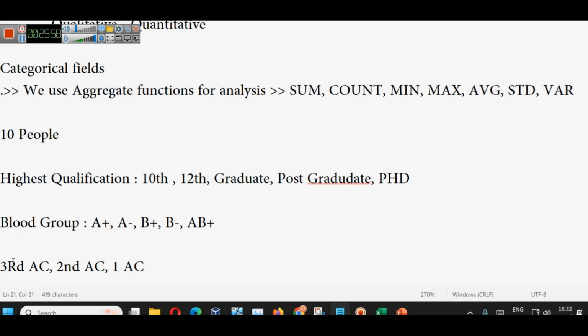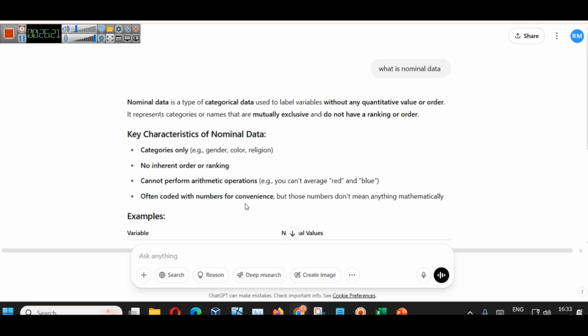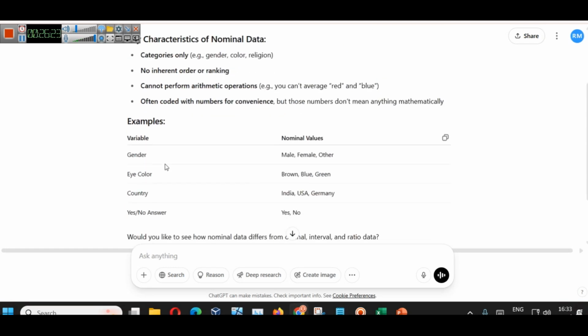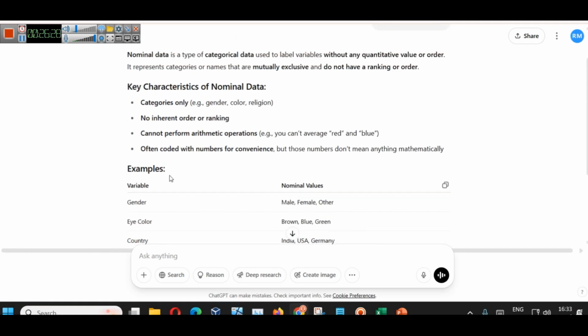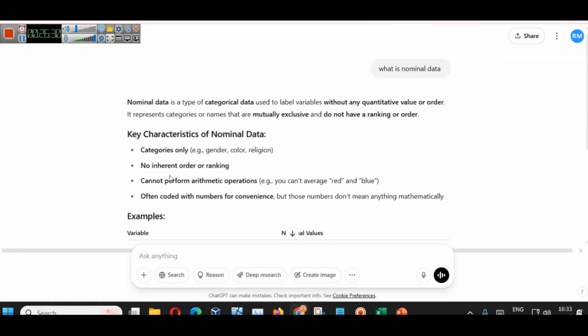In a numerical way, third AC will be more valuable, right? Like it's a third AC, but in actual we know that third AC is 3 tier, right? 2 AC is 2 tier and 1 AC is the most expensive of them. So we do have some kind of order here, but these are just names. So sometimes those numbers are used as names, but those are not numerical. So here we have some examples like gender, eye color, country, yes/no answer. Okay, so this is nominal data.